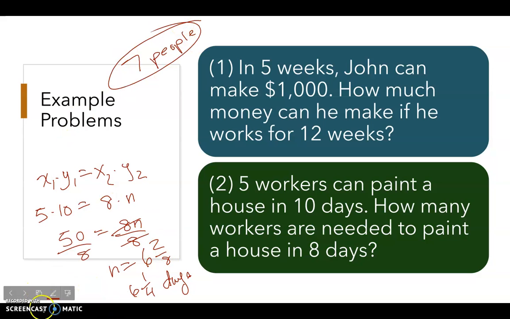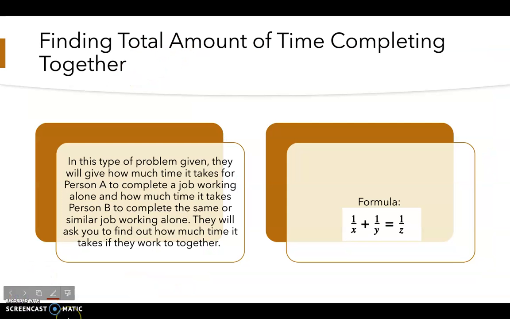Okay? Alright. Now let's take a look at the next concept that we're talking about, and that's going to be the work problem. So first, this has to be really related to the direct and inverse proportion because that's why I put it together as one complete lesson. Okay? So then, it says finding the total amount of time completing together.